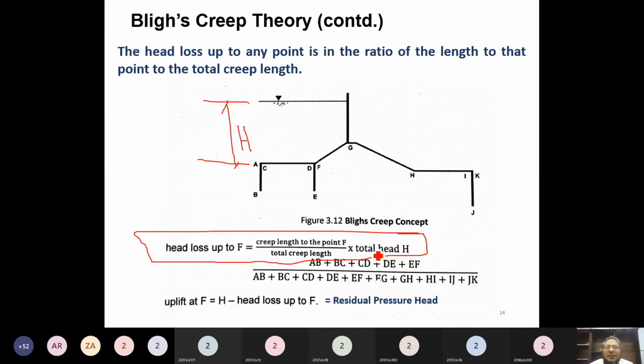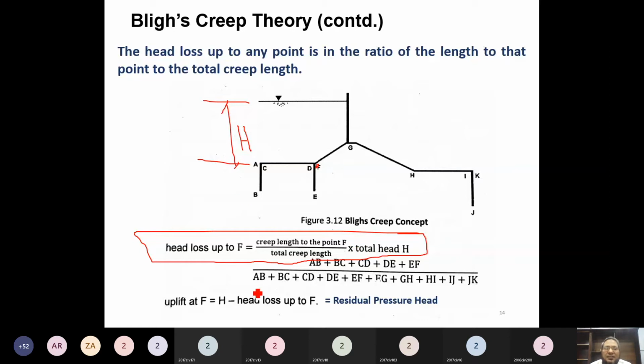Now suppose I want to find the head loss at this point F. How much would be the creep length up to point F? That would be AB plus BC plus CD plus DE plus EF. This length is given here, right? Then what next? The total creep length. How can I compute the total creep length?